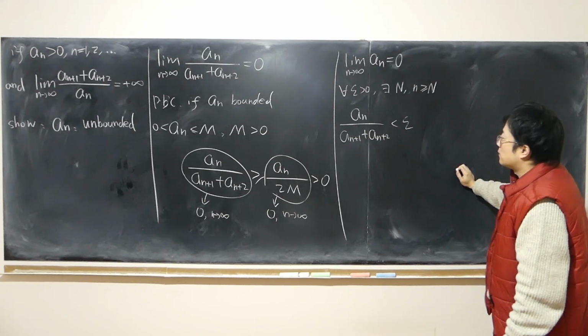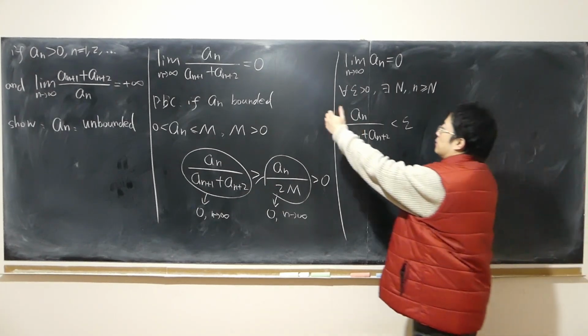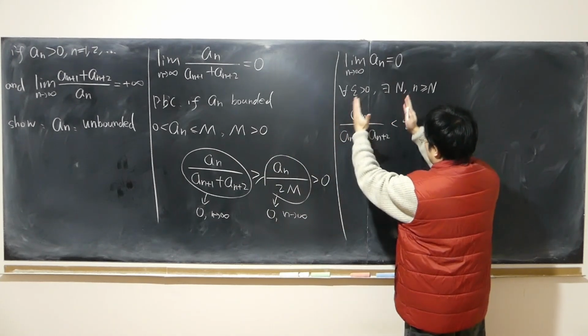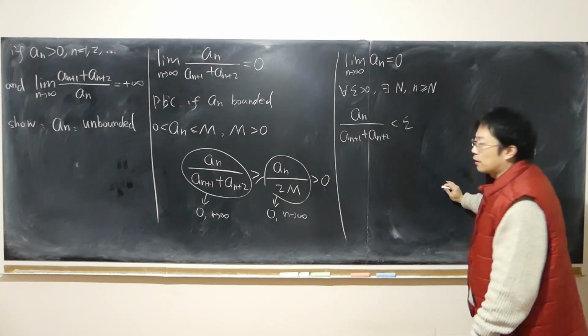That's the meaning of the limit being 0. I don't need absolute value because everything is positive. Less than epsilon, according to the definition.